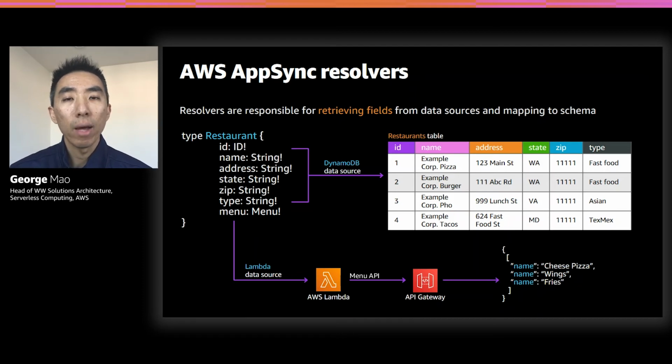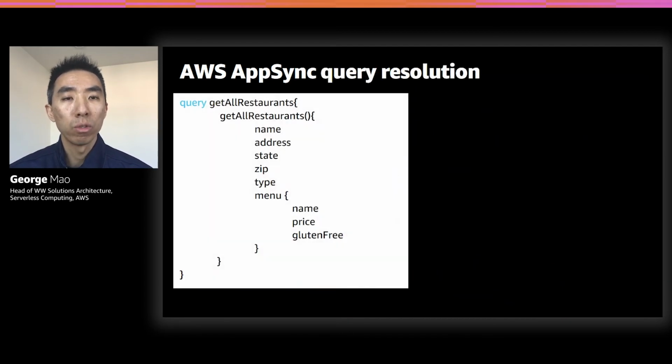So let's take a look at how AppSync performs a query resolution when it gets something like this. So in this case, I'm asking for all restaurants. So I'm invoking the query called get all restaurants. And as a client, I'm asking for the name, address, state, zip, type, and the menu. So specifically in the menu, I'm also asking for name, price, and whether or not that item is gluten-free.